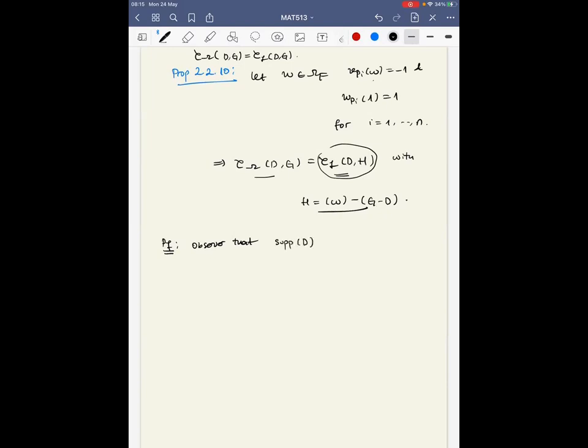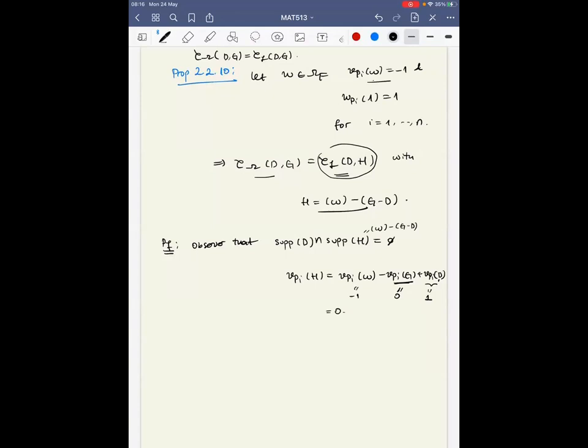So that means the support of D and the support of H is disjoint, because if we take the valuation of the divisor H, which can be written as a sum of these valuations, and since D and G have a disjoint support, this valuation is going to be 0, and since D contains Pi, this is going to be 1, and thanks to our assumption, this is going to be minus 1, so this is 0.